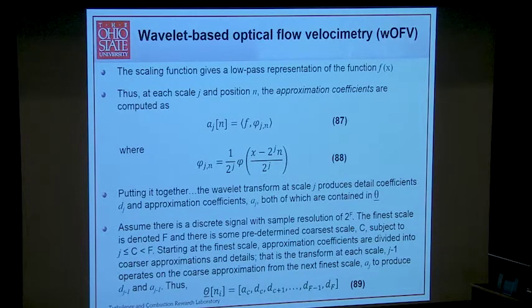I keep working my way down until all the information needed to represent the signal is contained here: one coarse approximation and a large number of detail coefficients, in this case, if F were 4,096, somewhere approaching that number of coefficients, depending on what C were. If I truncate and only use a scale that's not 1, then I have a lot less. But anyway, all this information can be used to reconstruct the signal.